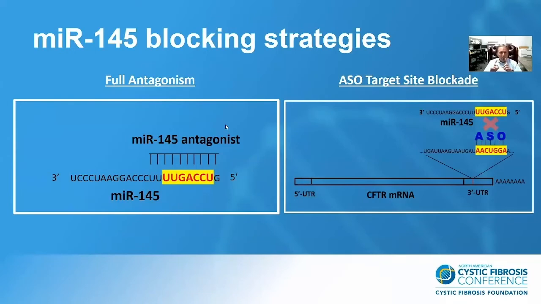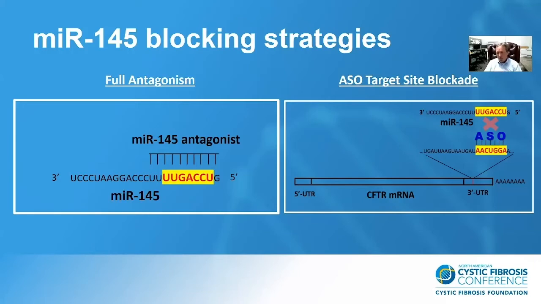We talked briefly about the two miR-145 blocking strategies, one being full antagonism that we've looked at previously, in which the antagonist binds to miR-145, and miR-145 is not available to bind its downstream targets. As microRNA have more than one downstream target, there is some dysregulation of those downstream signals.